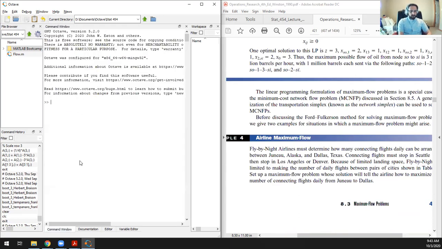So one last thing. Remember that this is a maximum flow problem, and linprog's default is a minimize operation.